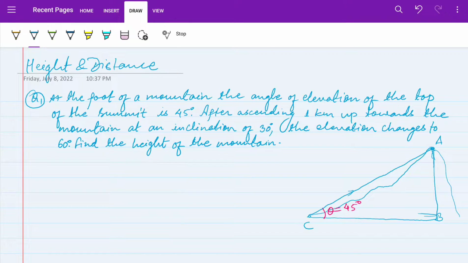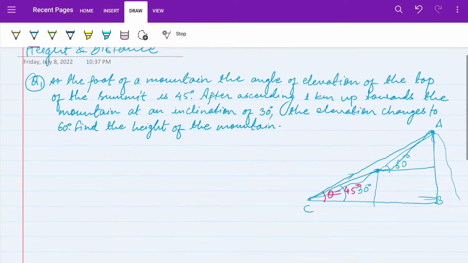So this is the top here. Now after ascending 1 kilometer towards the mountain, from here you ascended 1 kilometer from here to here, maybe at an inclination of 30 degrees. That means the angle here is 30 degrees only. The elevation changes to 60 degrees. That means if you observe again the top of the mountain from here, it is 60 degrees here.